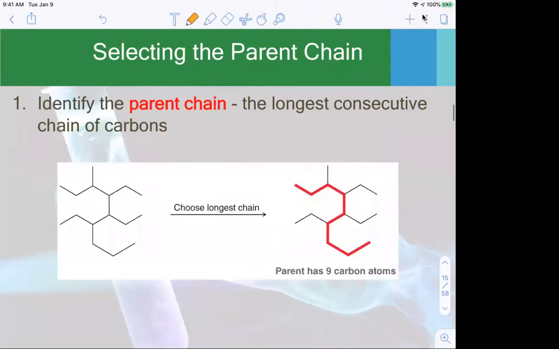So let's go over the rules. The first thing I want to do is identify the parent chain. This is the longest consecutive chain of carbons. This takes practice. A lot of times you have to go through and count different ways.